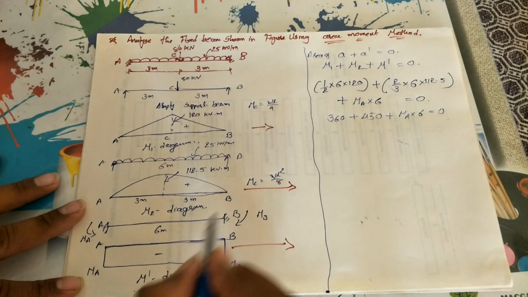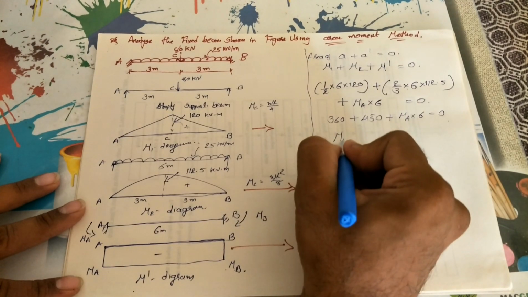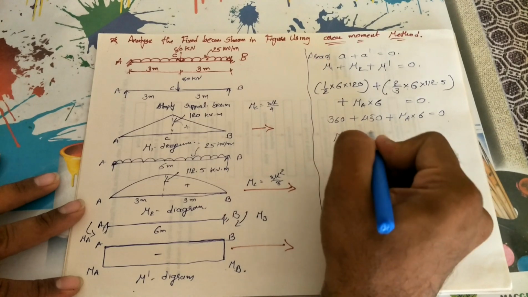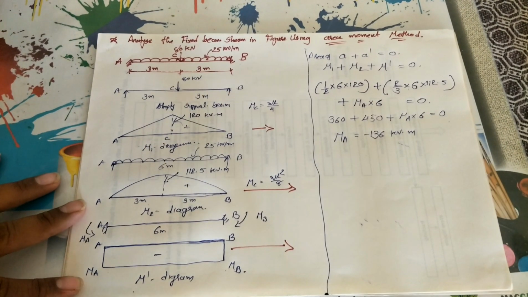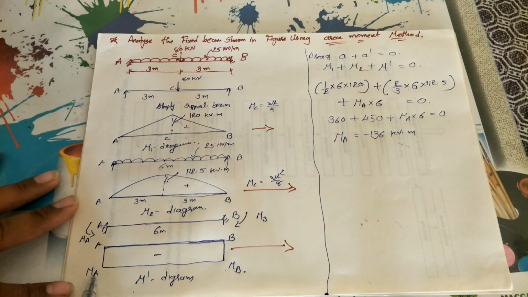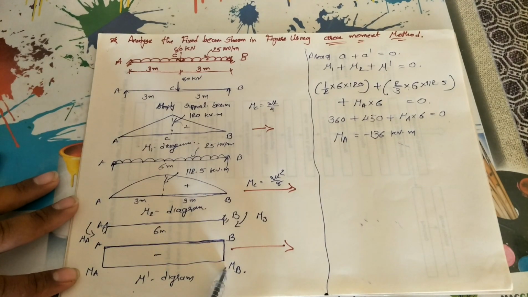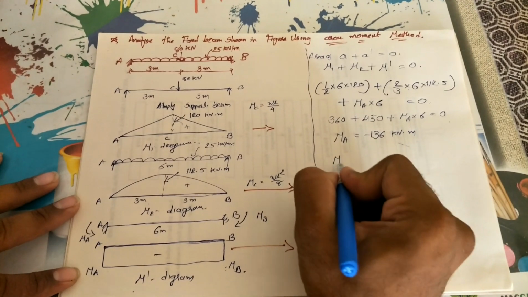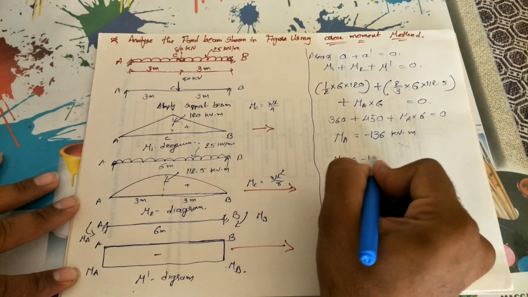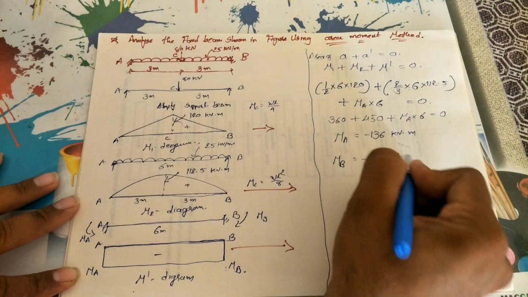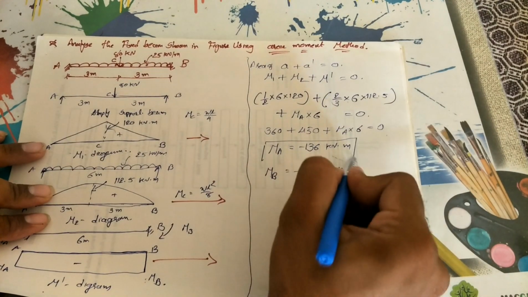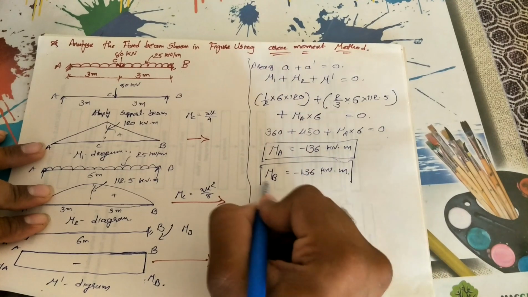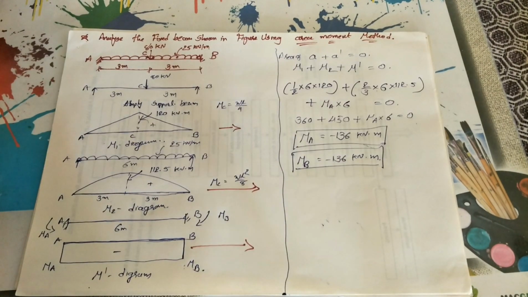So we get MA as minus 136 kilonewton meter. Since MA equals MB, MB is also minus 136 kilonewton meter.